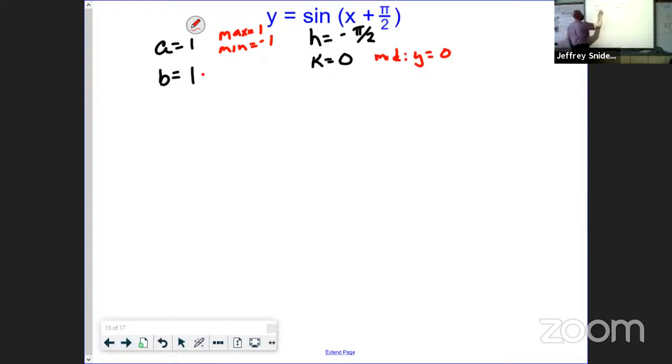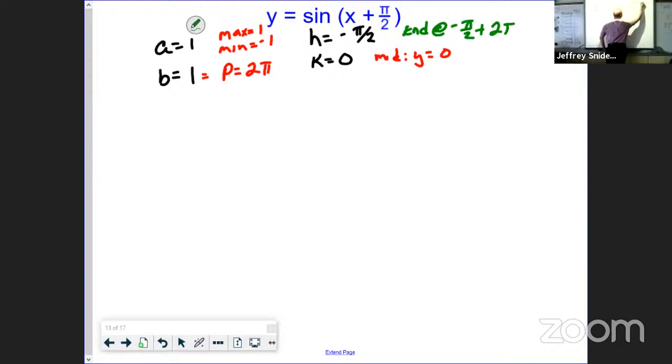I also know the period is what? Wait, if b is 1, what's the period? Yeah, the period is going to be 2 pi, right? Yes? All right. Guess what I want to find out? Here's where it's going to start. It's going to end at negative pi over 2 plus 2 pi.